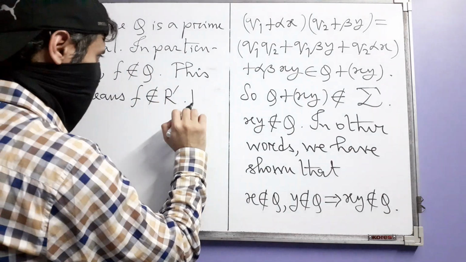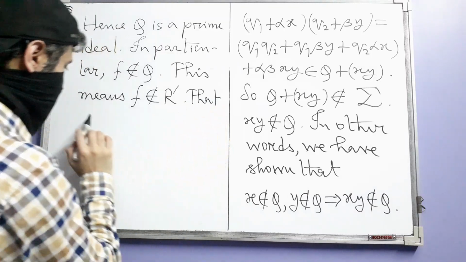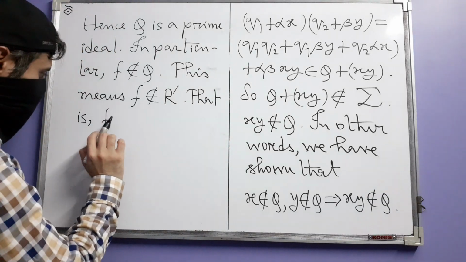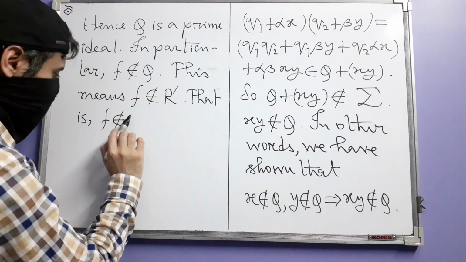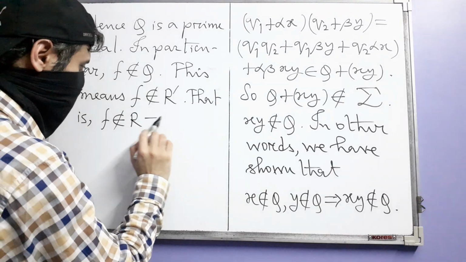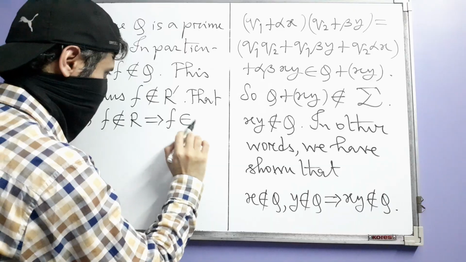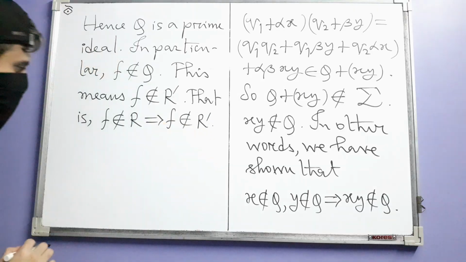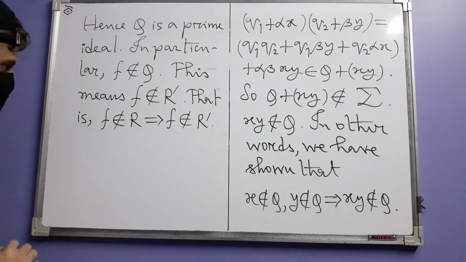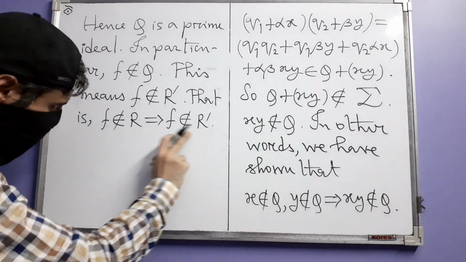That is, if f is not in R, then f is not in R prime. What does this mean actually?